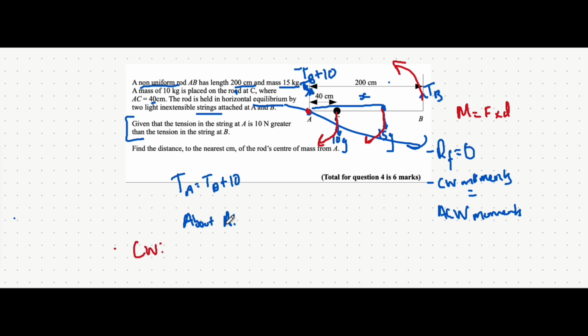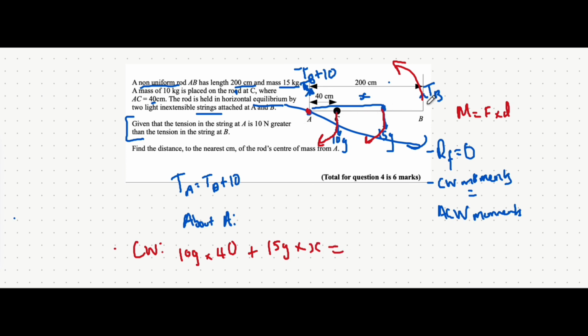So if we consider the clockwise moments, that's the force of 10g multiplied by the distance of that force from the pivot, which is 40 centimeters. Let's leave it as 40 centimeters because it wants the final answer in centimeters too. Normally I'd say convert to meters, but we don't really need to in this case. You add on to that the other clockwise moment, which is the force of 15g multiplied by the distance of that from the pivot A, which is x.